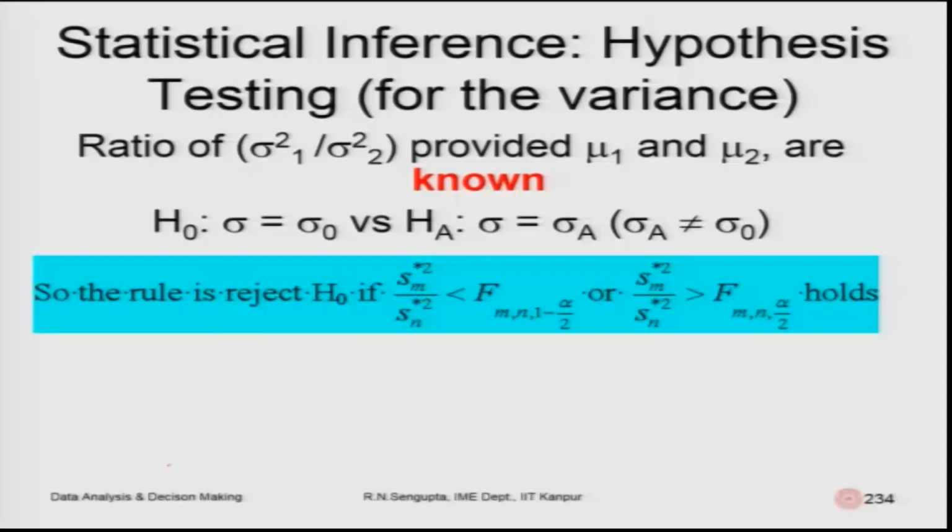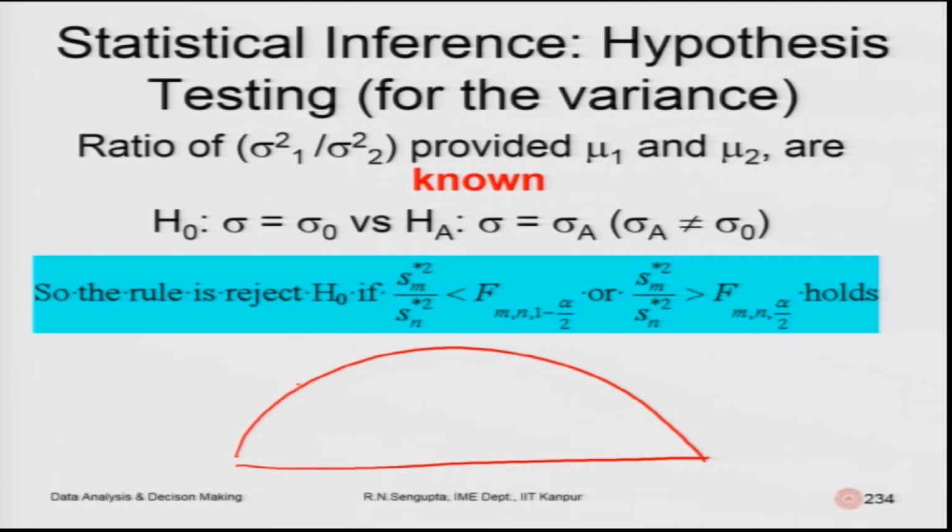So, first let us mark the diagram. This is the F distribution as usual, F m comma n. Now, the areas to be covered are equally distributed, corresponding to the fact that the overall area between the so called upper and lower control limits would be exactly equal to 1 minus alpha, where alpha is the level of significance.